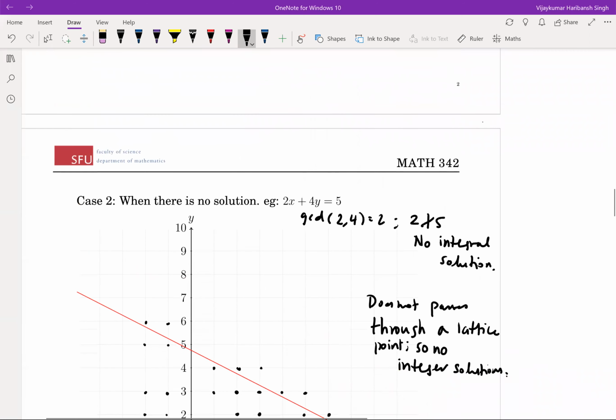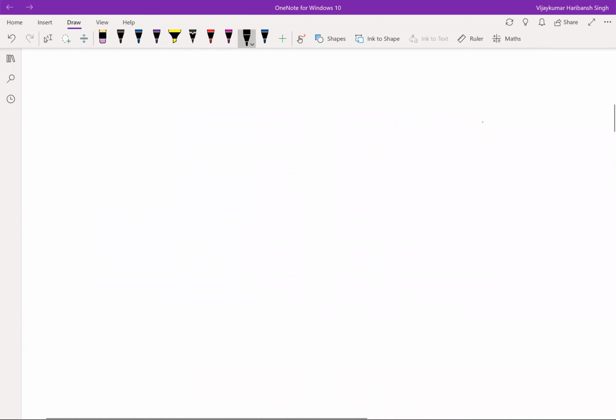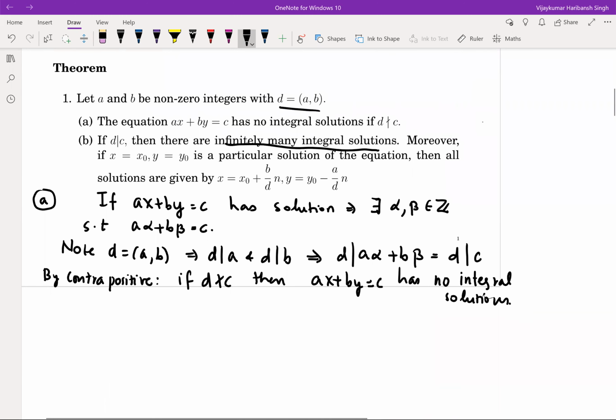Okay. Now the second case: if D divides C, then there are infinitely many solutions. Let's try to show that. It's basically saying two things.